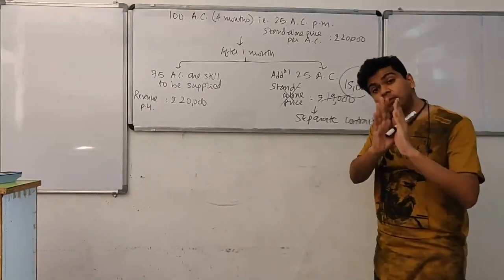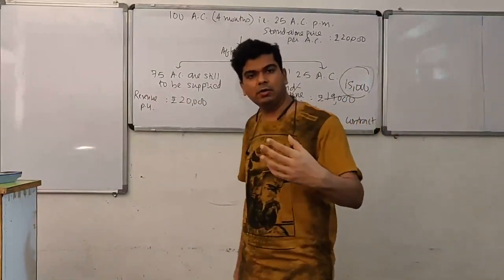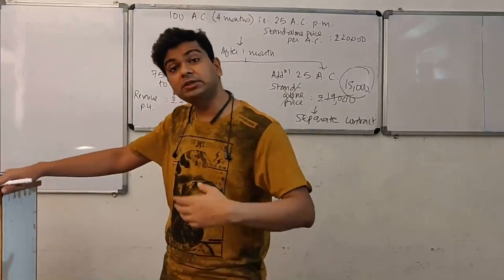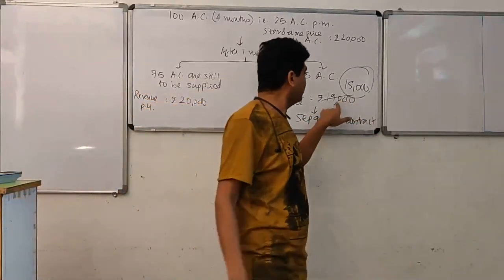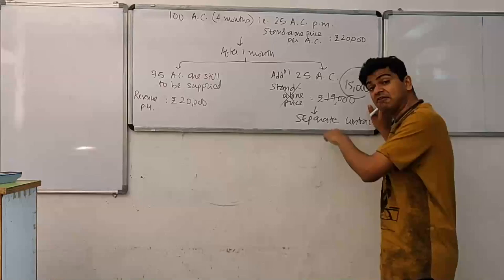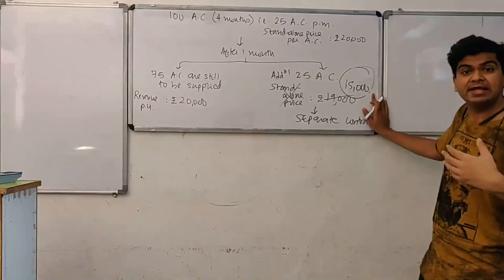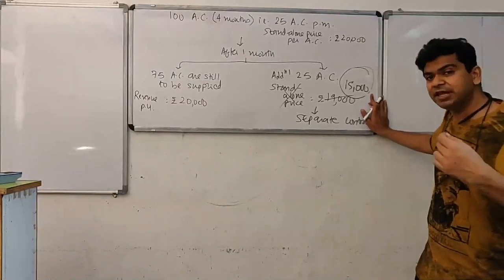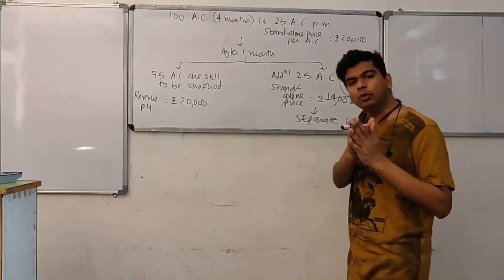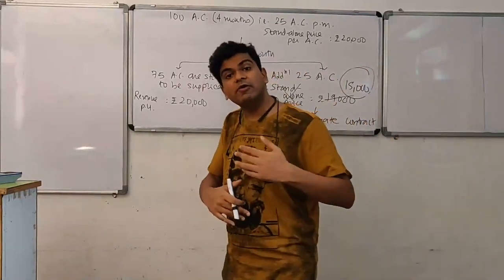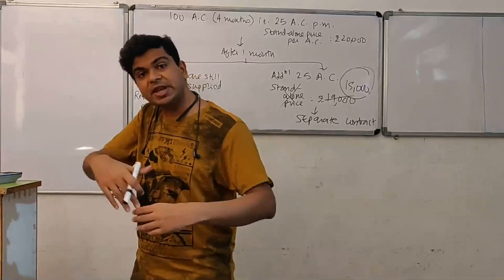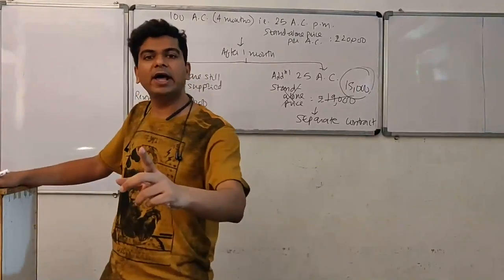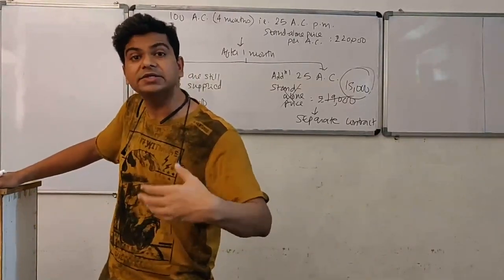Now, think from the viewpoint of the supplier. If you are selling to a third party, then you can sell the air conditioner at 19,000. Why are you getting ready to supply the air conditioners now at 15,000? You can always tell the customer that you're not interested, but still you are going ahead with the contract. Why is it so?